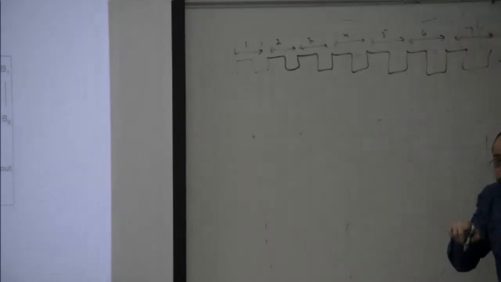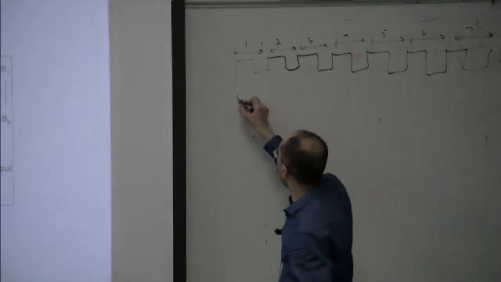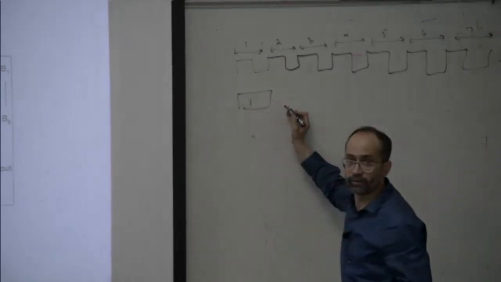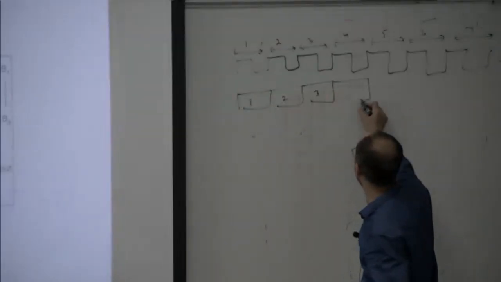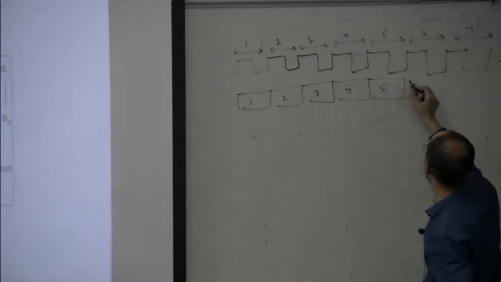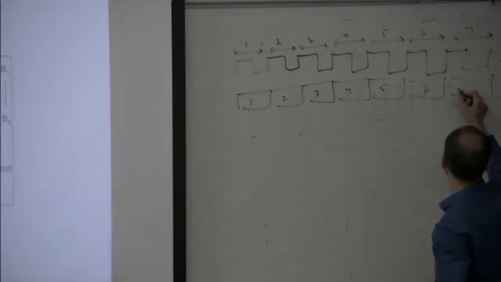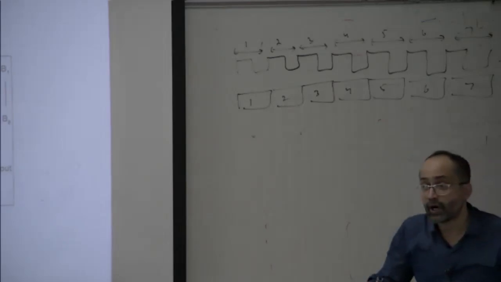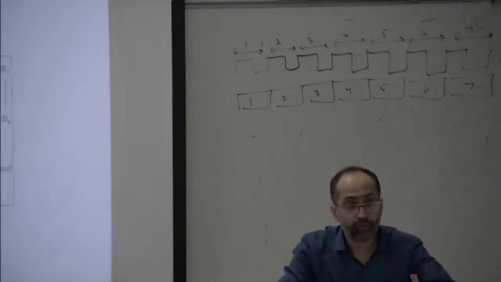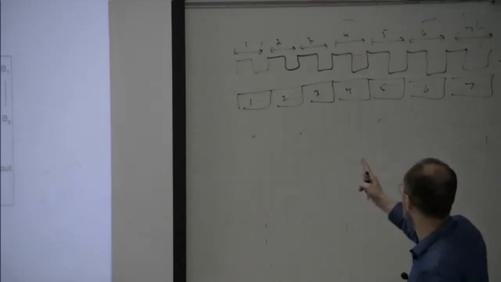The counter will count the number of pulses. What will be the value of the counter at this point? 1. Then 2, then 3, then 4, then 5, then 6, and then 7. Got it? So what does the counter do? It counts the number of pulses.